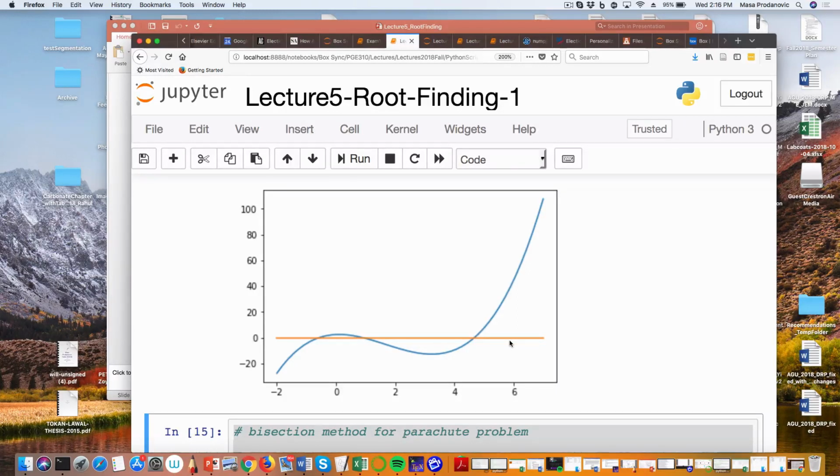So it is an algorithm. It's not foolproof. It's not knowledgeable in everything, right? The algorithm just does what it does. Now, if I really wanted to find this root over here between -2 and 0, then -2 and 0 is my bracket. So that is one of the pitfalls of these methods.